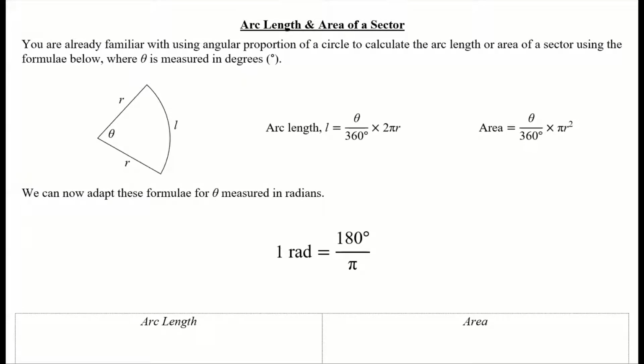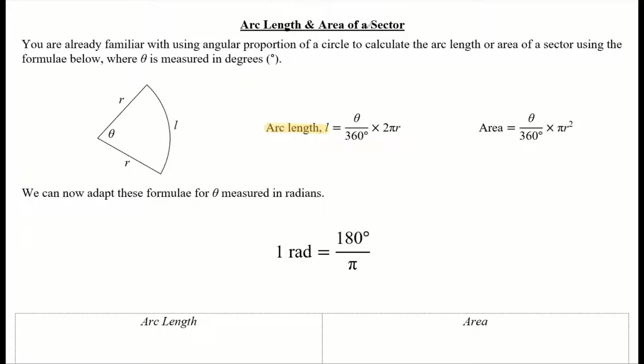So in this section, we're going to look at the arc length and area of a sector formulae that you have been using since GCSE and have been included so far in the definitions at the start of each lesson. So the arc length, L, is defined as theta divided by 360 degrees multiplied by 2 pi r. Now, just a note on this, and I don't think I went through this particularly convincingly in the warm-up.